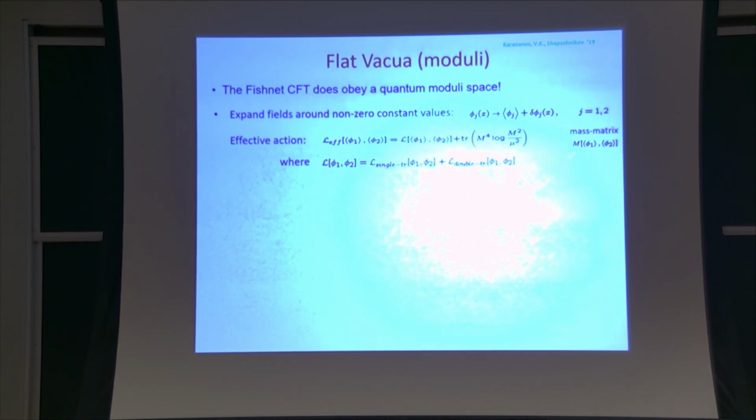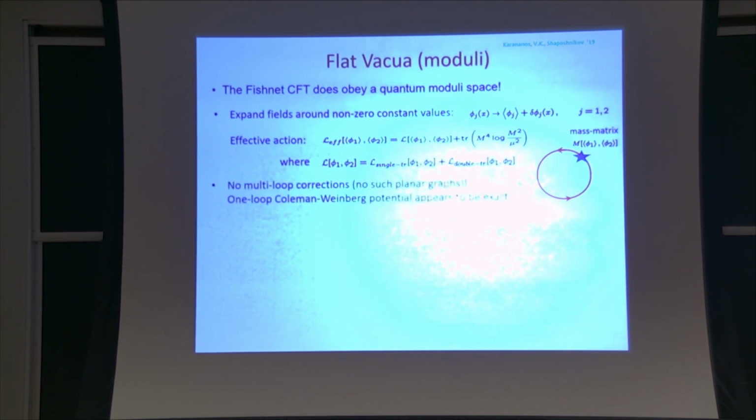Plus there is a standard term, because you generate masses by this shift, of the type trace m4 log m square over mu square, which is well known in the Coleman-Weinberg theory, where m is the mass matrix consisting of these averages. So essentially, this is a vacuum loop with a mass term inserted somewhere. And the first term is the full action, single trace term and double trace terms.